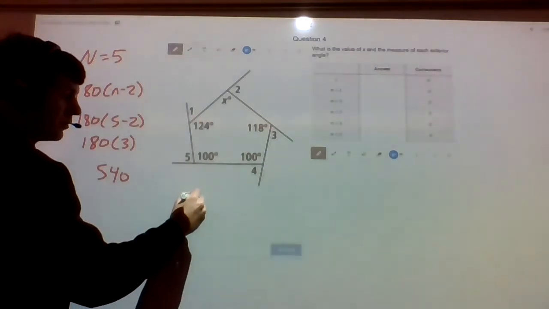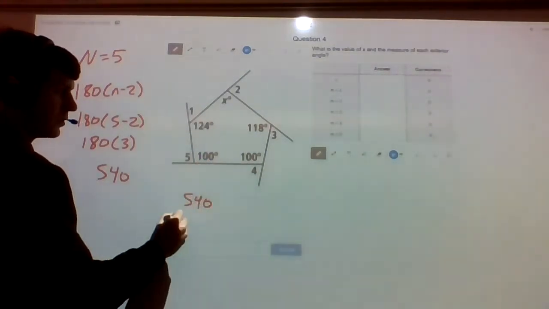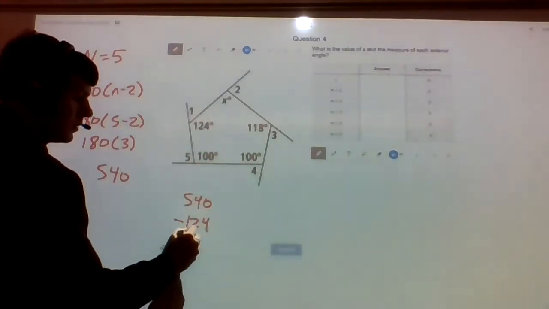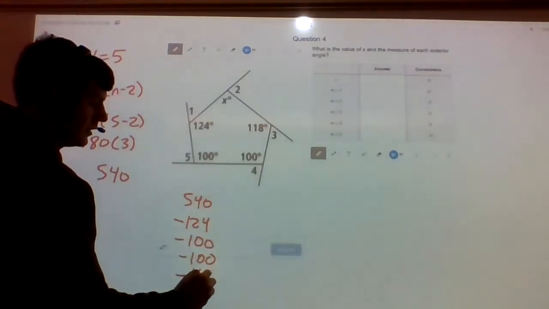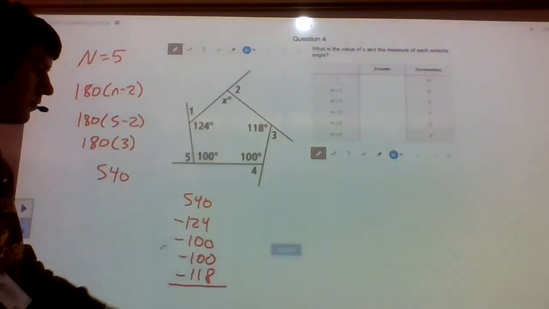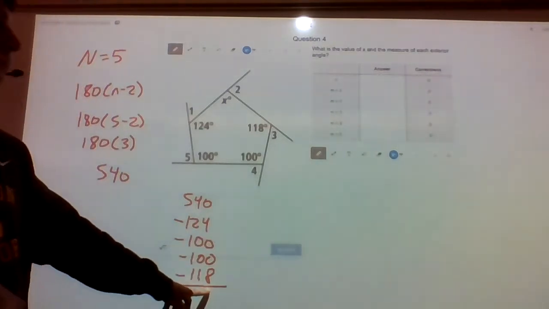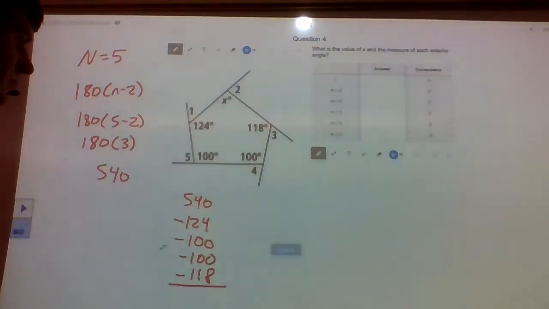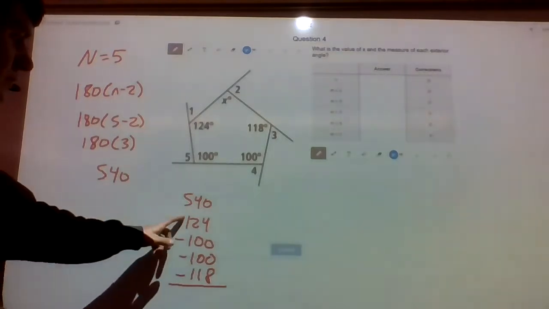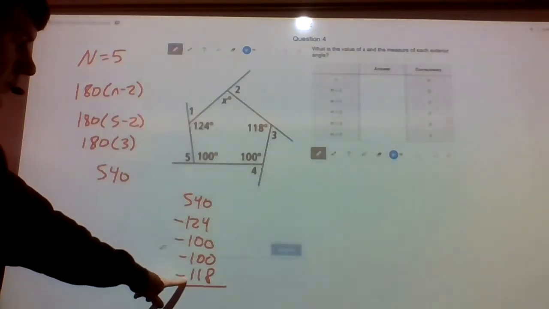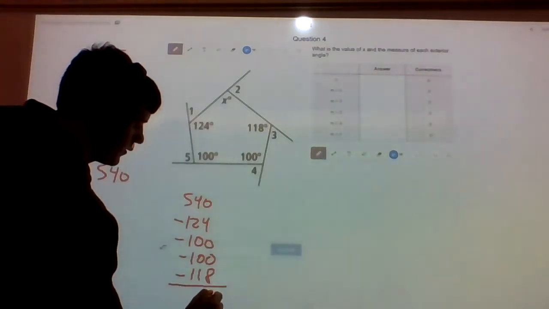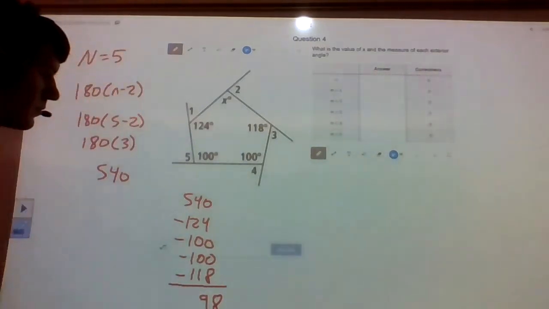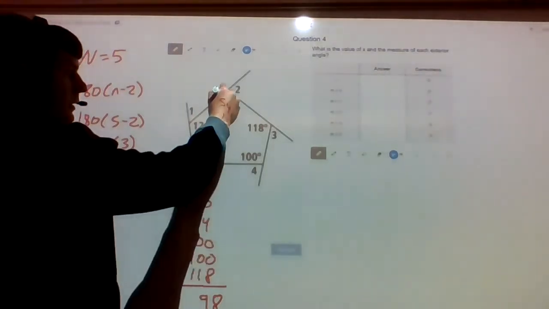We can do 540 and then subtract the other ones: minus 124, minus 100, minus 100, minus 118. That's 442, so the angle should be 98.